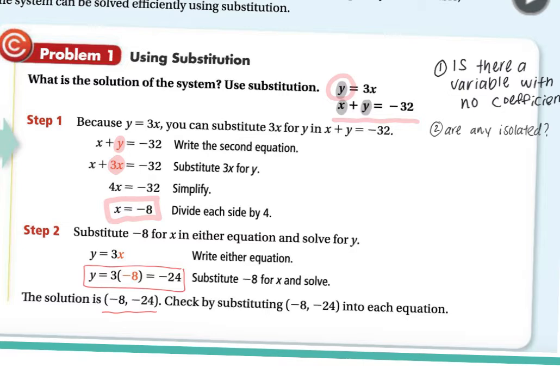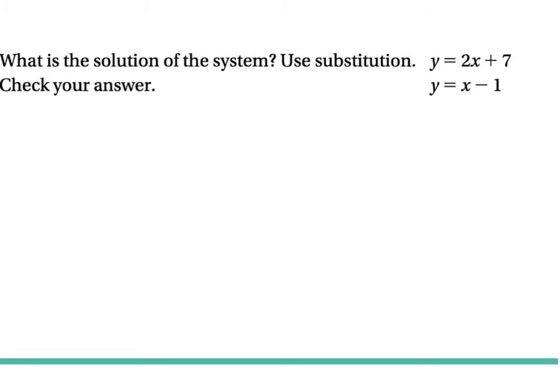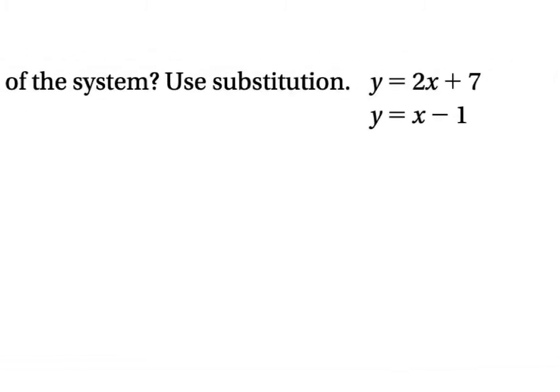Okay, let's check out a real example. What is the solution of the system? Use substitution. Okay, do we see a variable without any coefficients? Ashton. Yes, how many? Not just one. Nicole? Very good.